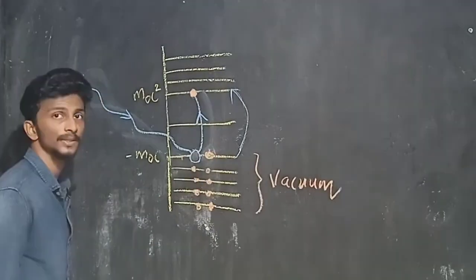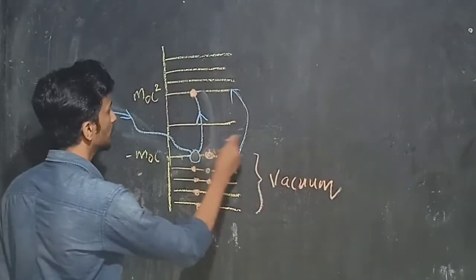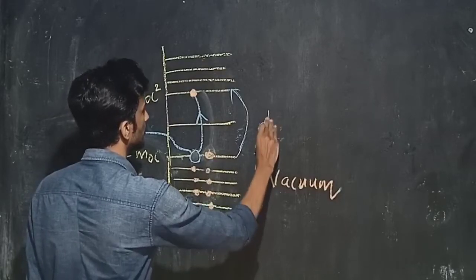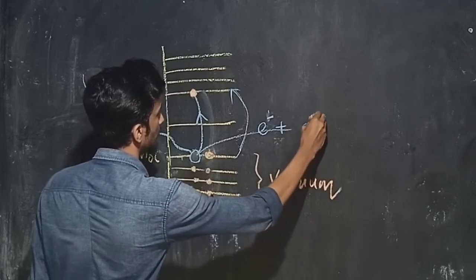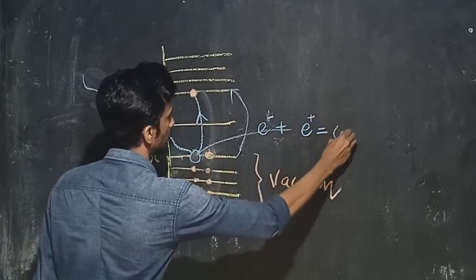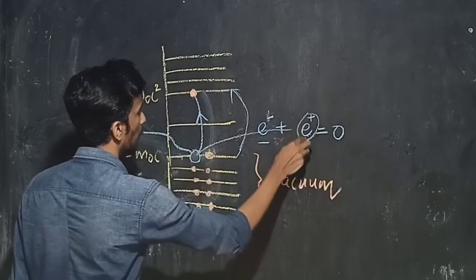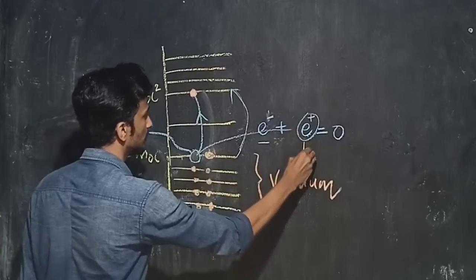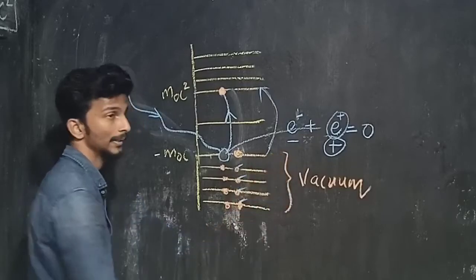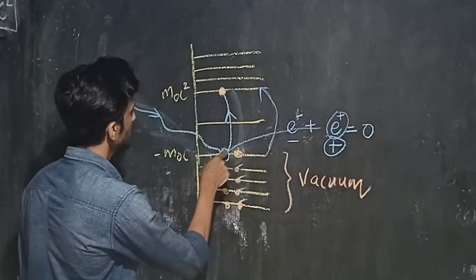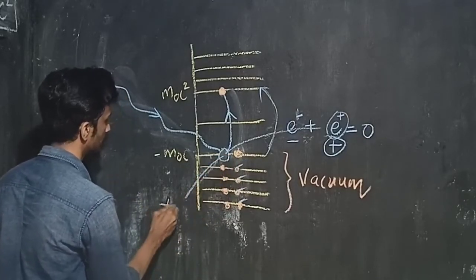From the law of charge conservation, we can easily see that before and after the excitation, the charge should be 0. So the charge of this electron plus this particle, let me denote it by e plus, is equal to 0. We know that the charge of the electron is negative, so the charge of this antiparticle, or this vacancy or hole, should be positive. And the electrons in this negative energy state have negative energy. So this vacancy or hole in this negative energy state has positive energy.